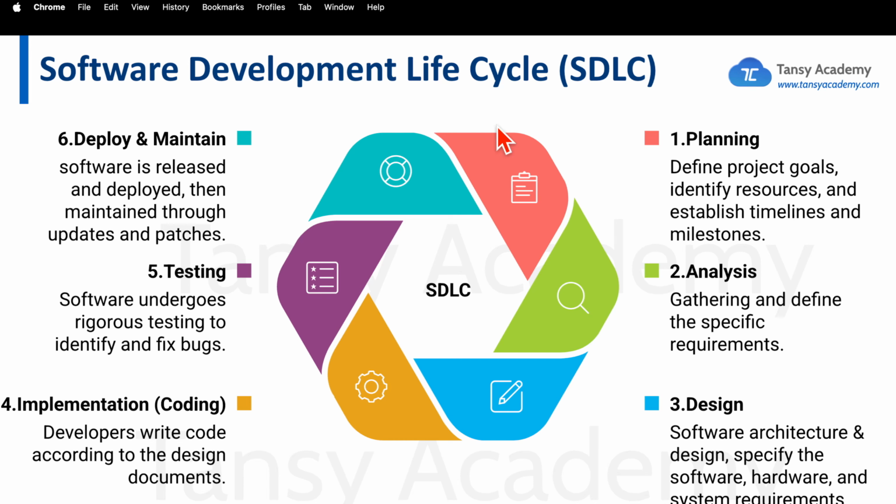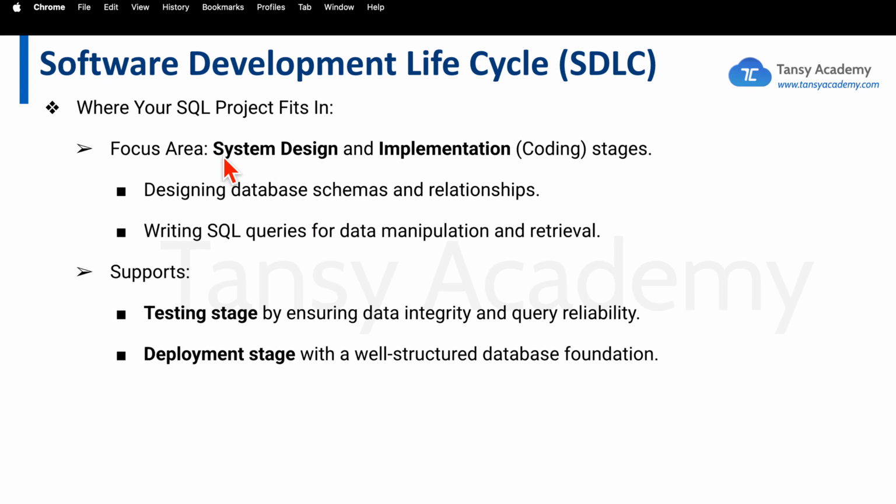And then if you talk about the software development lifecycle, you should know where the assignments you are doing fit in the real world. As we discussed in chapter 2, there are about 6 to 7 phases in SDLC. What you do fits at system design and implementation.